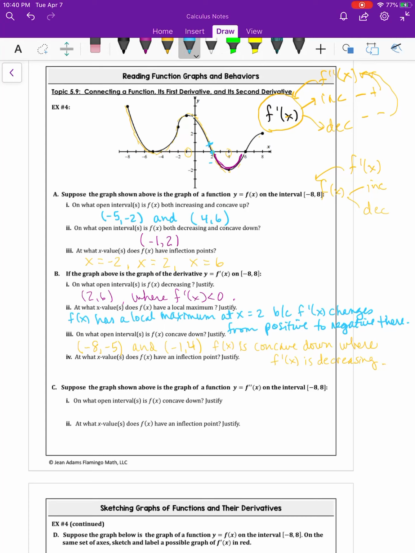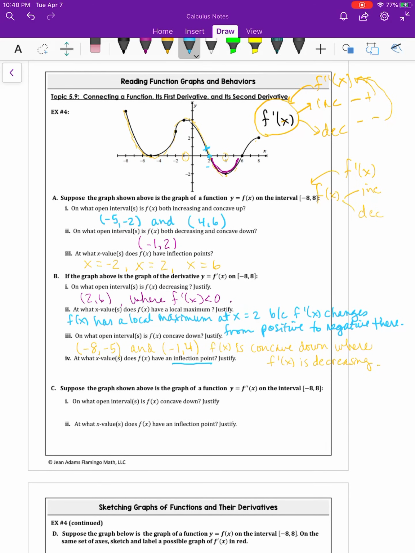And so that is your justification. So at what x value, I'm going to use blue again, at what x value does f of x have an inflection point? For this one, because we're looking at the derivative, remember points of inflection are second derivative things.